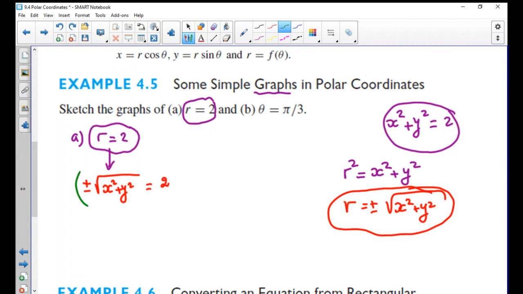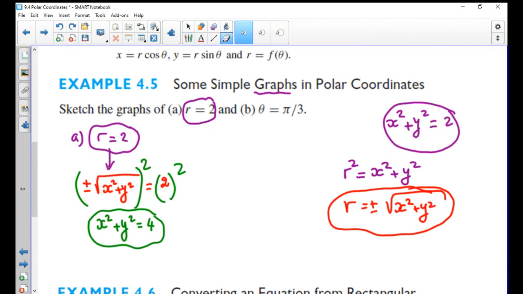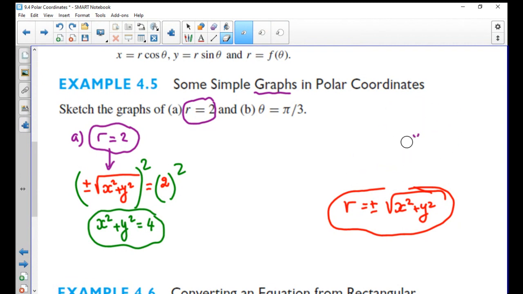And then I will square both sides. So that means x squared plus y squared is equal to 4. Now, what is this equation? It's a circle of radius 2. That's it. So we can then graph this. I want to graph.